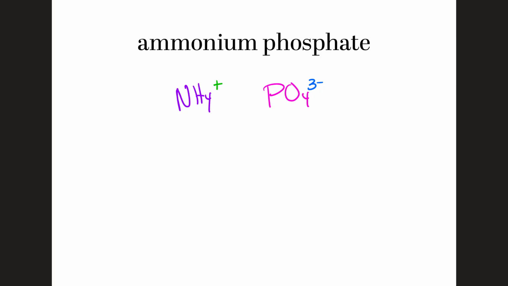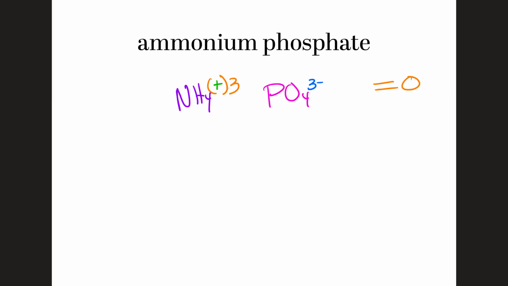So now we have to get our charges to equal 0. So we have a 3 and a 1. This is pretty simple. We can multiply our positive 1 by 3. That would give us a plus 3 here, a minus 3 here. Add those together, and we get our 0.